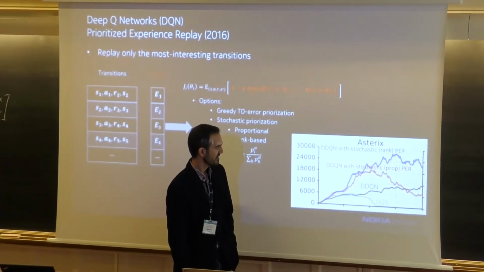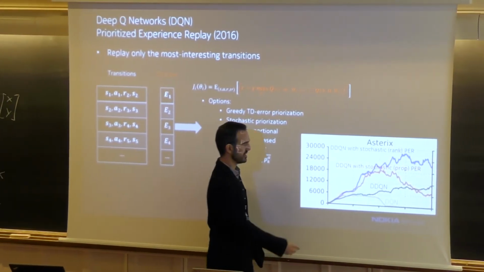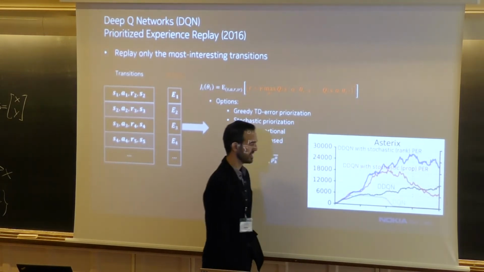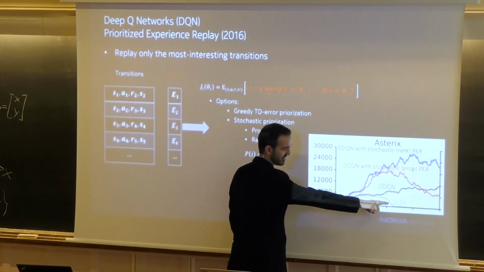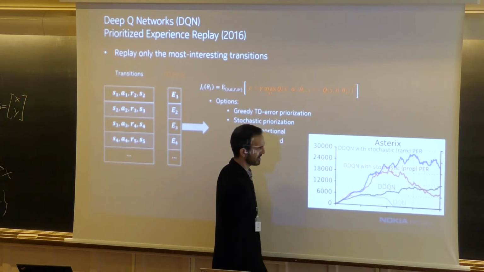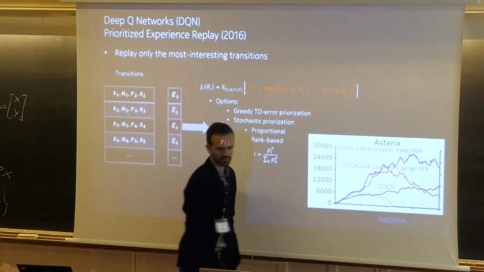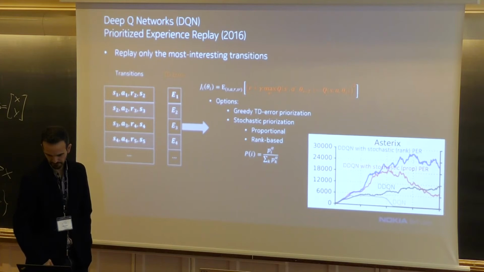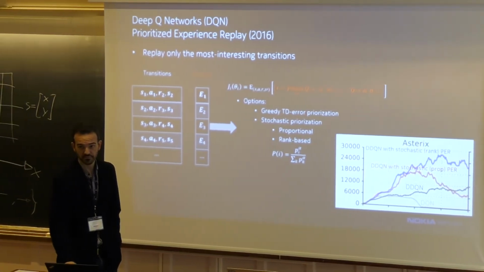I think the main conclusion of this paper is that stochastic ranking provides the highest gains over the default DQN, which is right low here. I think this is this Atari testbed video game. Any questions so far?